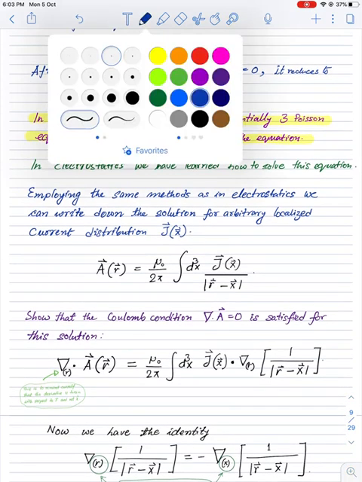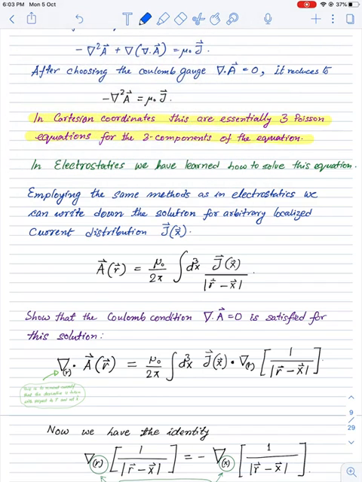Just to remind you, if you are in electrostatics, then the solution for phi at r was given by 1 by 4 pi epsilon naught, well, the epsilon naught was in the denominator. In this case, the mu naught is in the numerator.